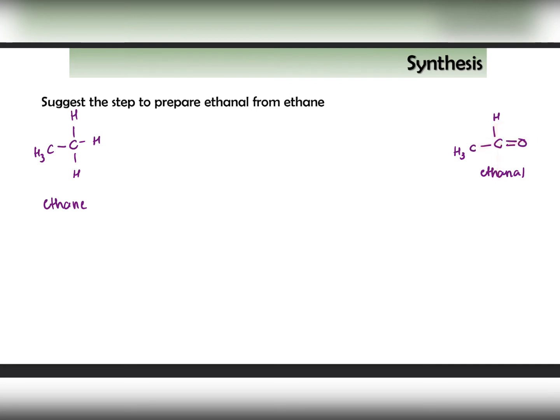Okay, so macam mana kita fikir macam mana kita boleh form this ethanal. So ethanal, it could be formed from alcohol. So ethanal is aldehyde, so dia mesti daripada primary alcohol.